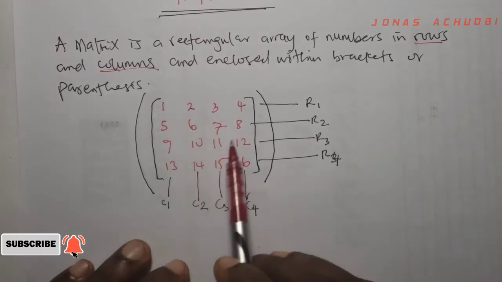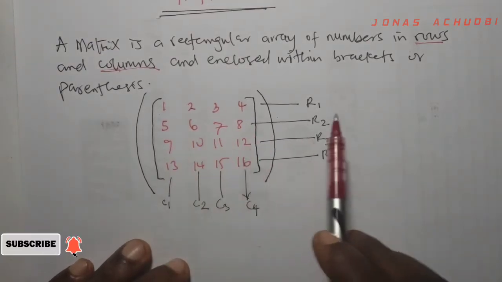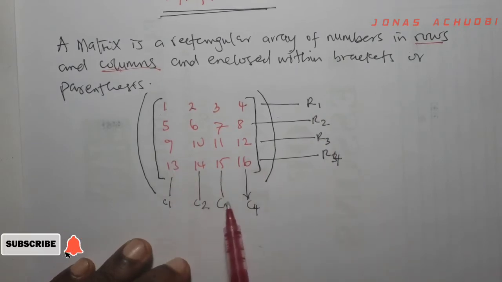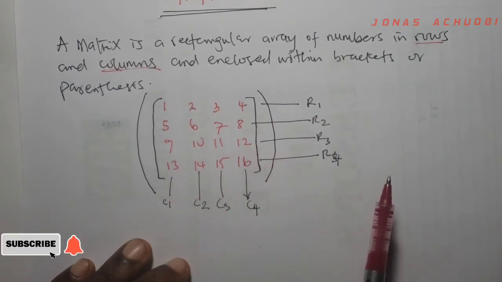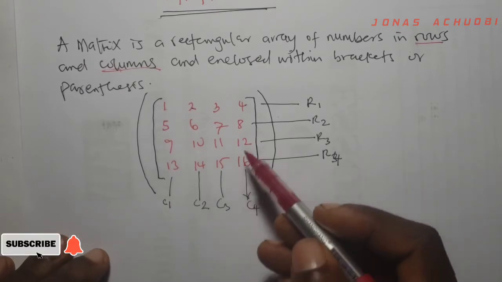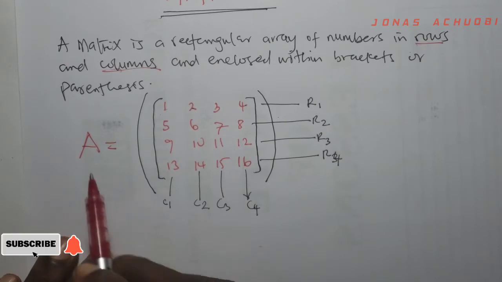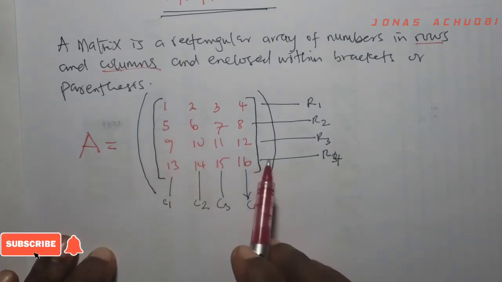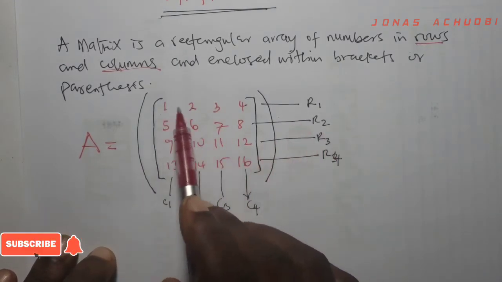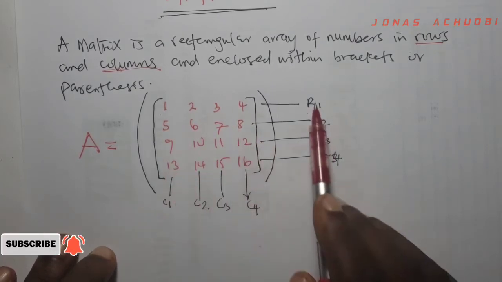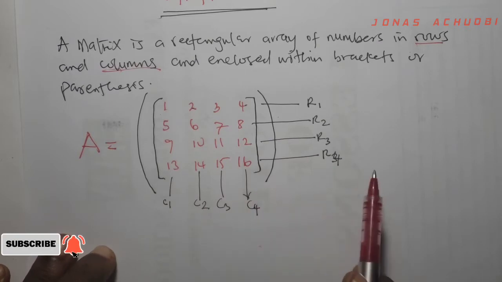So this would mean that my matrix here has 4 rows and 4 columns. So I could denote this matrix using a capital letter, say A. So A equals the matrix with entries or elements 1, 2, 3, 4, 5, 6, 7, 8 up to 16, such that there are 4 rows and 4 columns of the matrix.